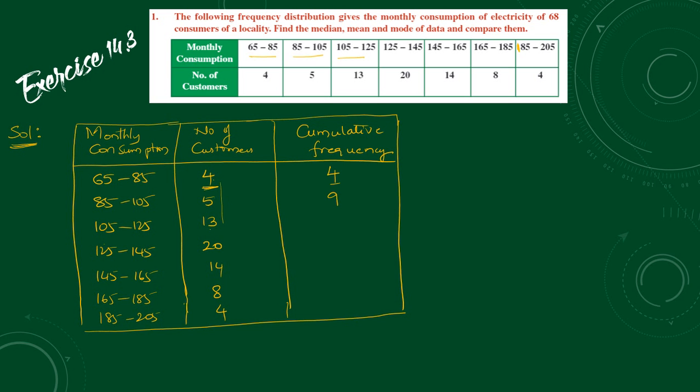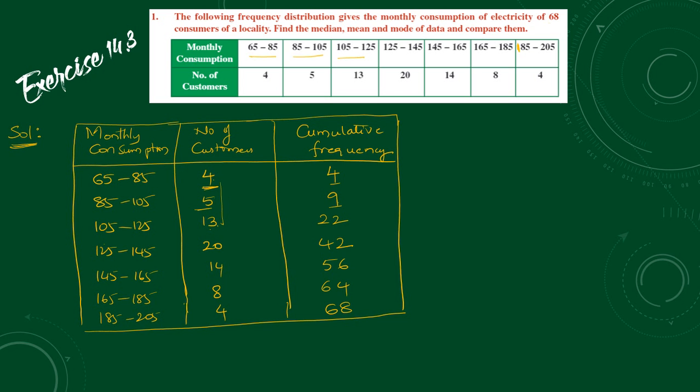Instead of adding like this, this 9 is the value obtained by adding 4 plus 5, so I add this 9 to 13. 9 plus 13 is 22. 22 plus 20 is 42. 42 plus 14 is 56. 56 plus 8 is 64. And next it is 68.